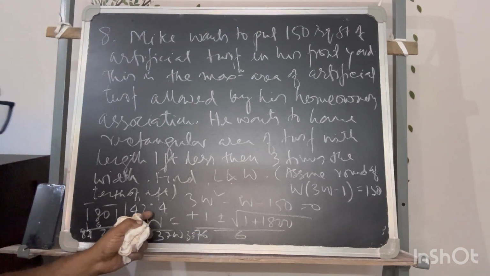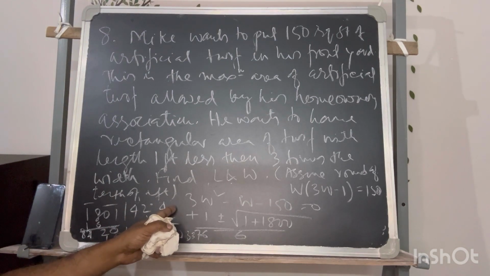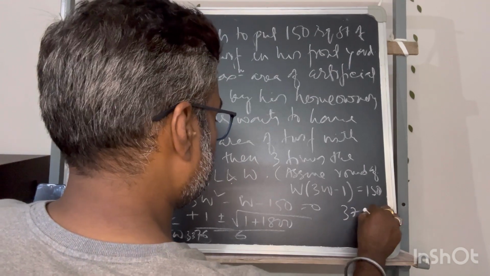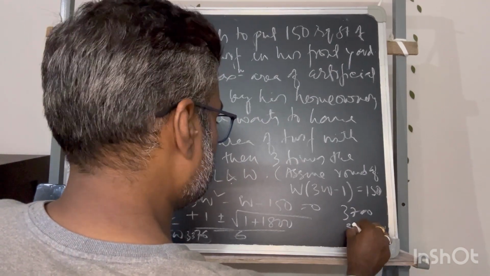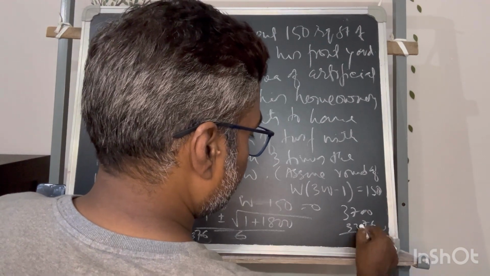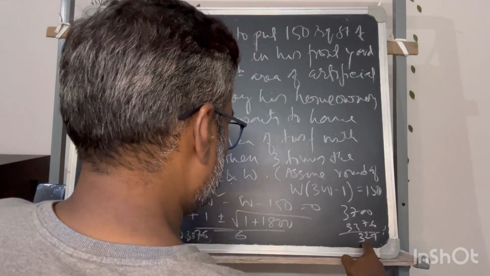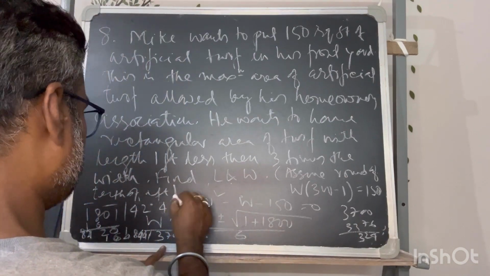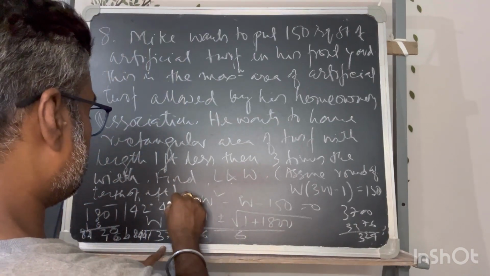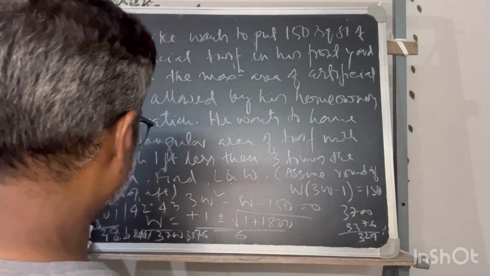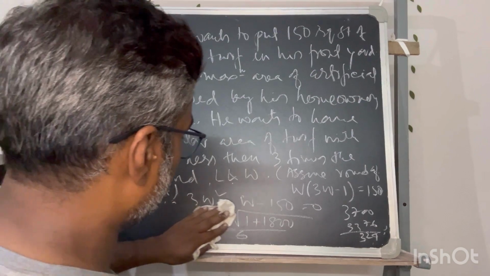So approximate value, then after you have to take one more. So this is coming 3700 minus 3376. So 4 2, and here it is 3240. Taking 3 here, so this will be less. So this is coming less than 5. So the approximate value you have to take is 42.4.